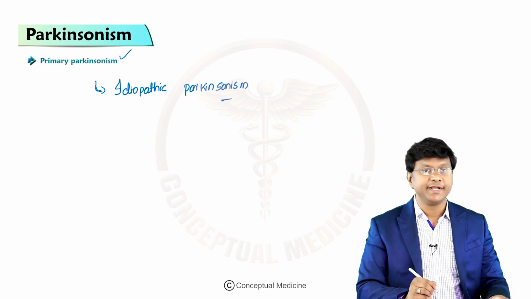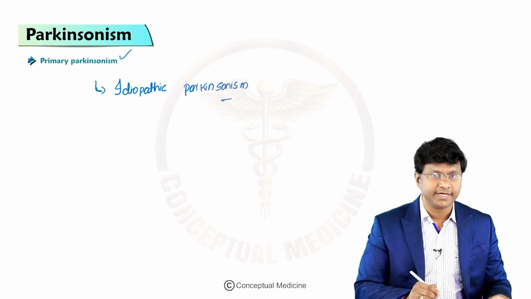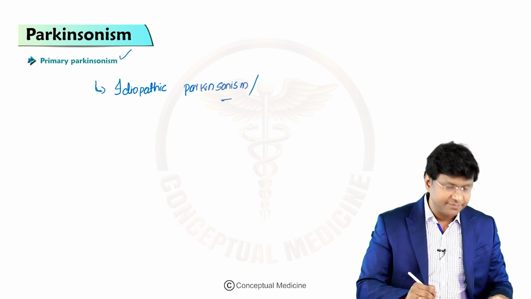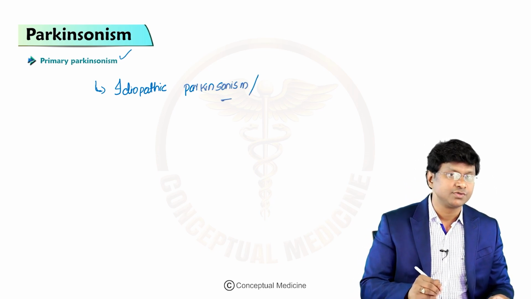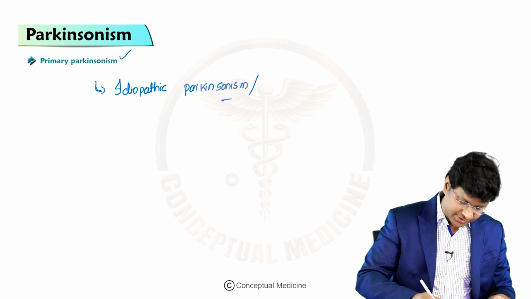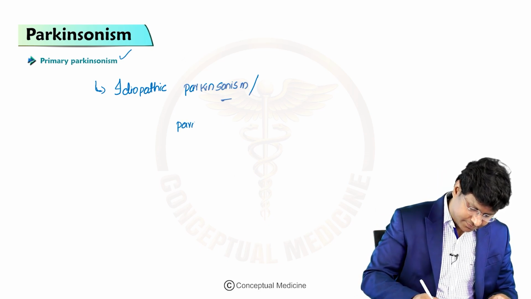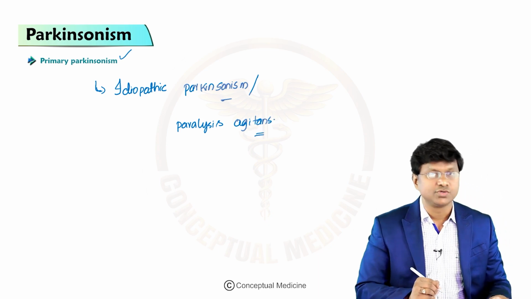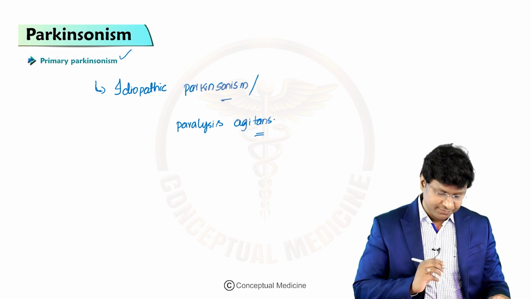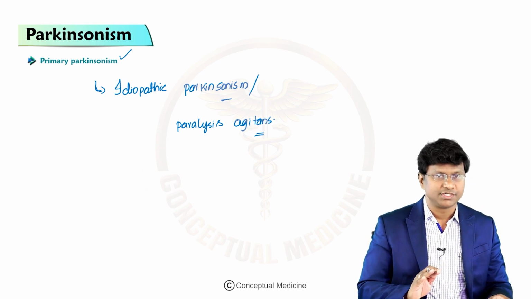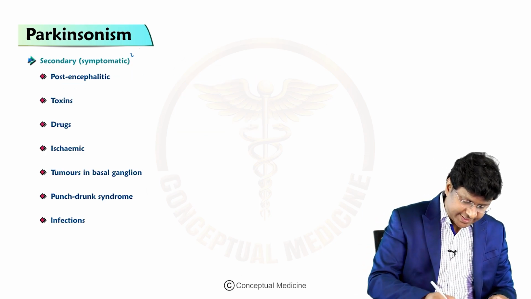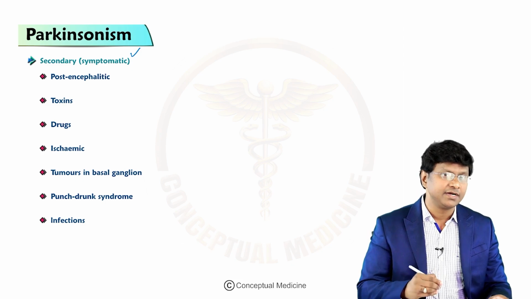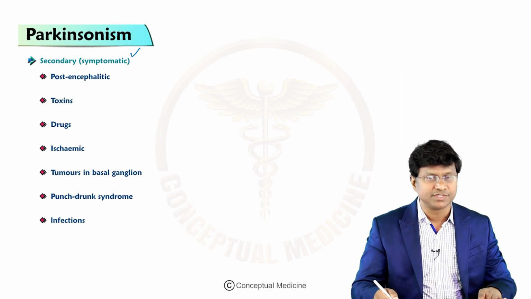The other name for primary Parkinsonism is paralysis agitans. We don't know what the cause is here. Whereas in secondary Parkinsonism, we have an underlying etiology causing Parkinsonism.